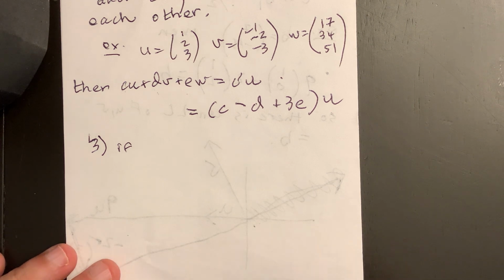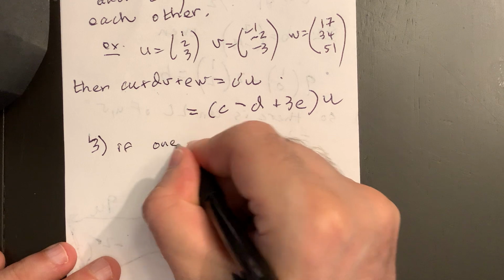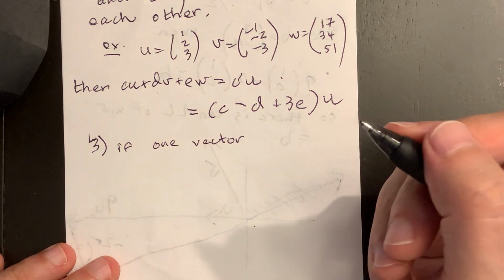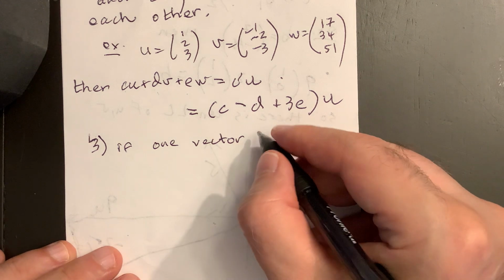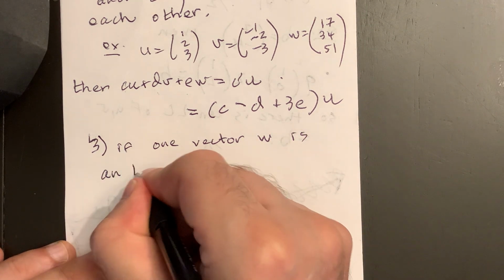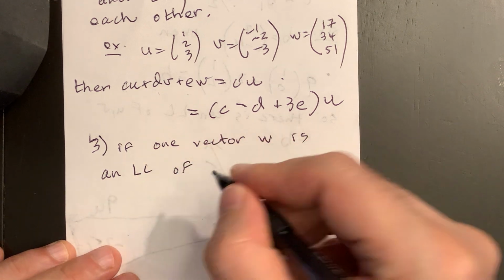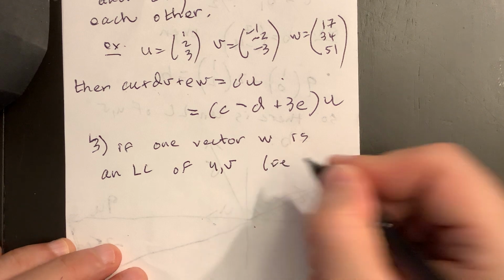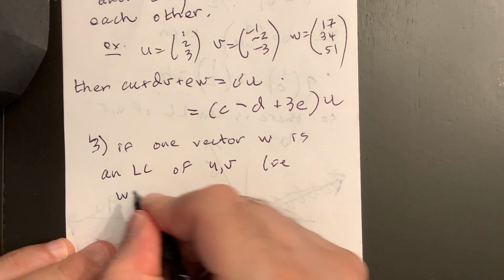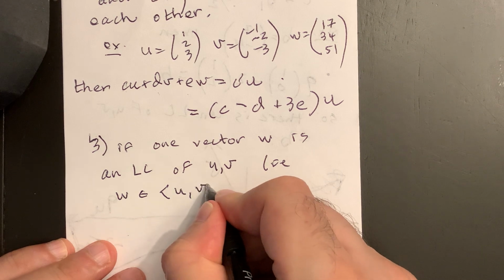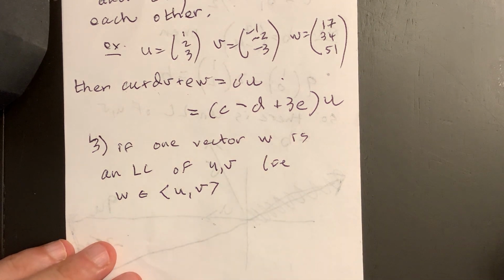So if one vector, actually it could be any one, say w, is an LC of u, v, i.e. w is contained in the span of u and v, right?